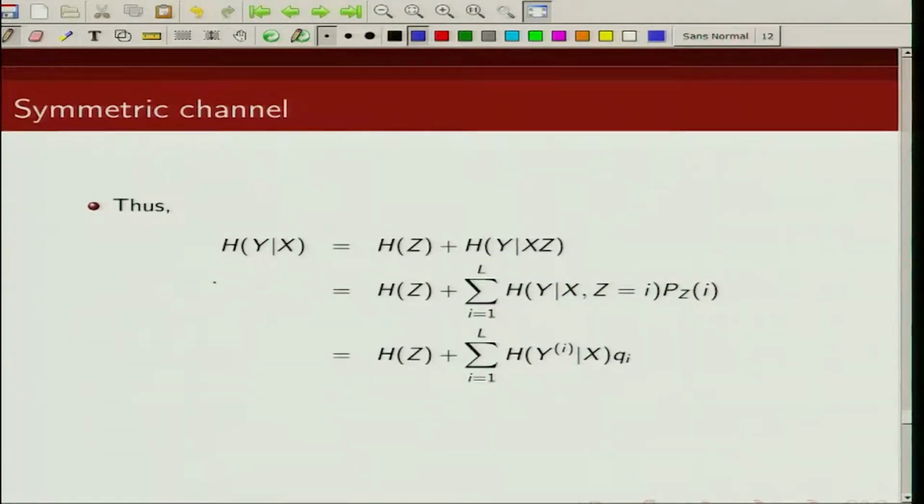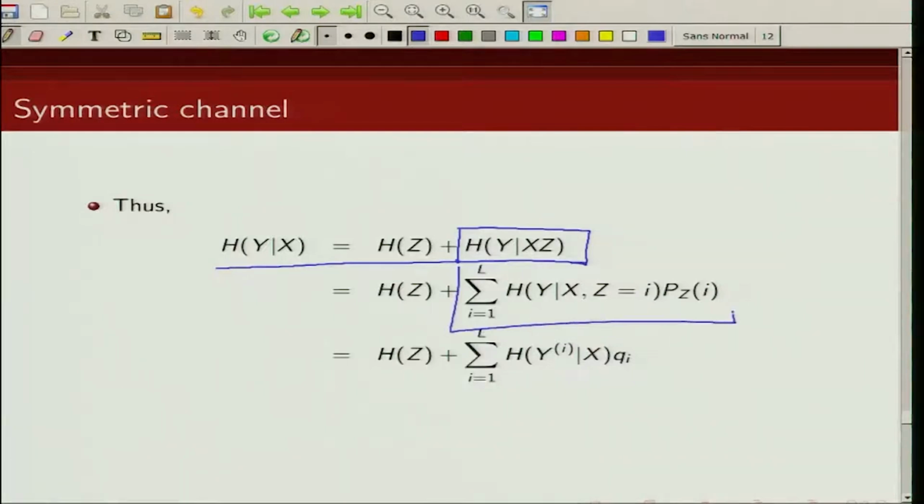So from the previous expression, then I can write h of y given x as h of z plus h of y given xz. Now I can expand this, so I can write this in this particular fashion. So this is uncertainty in y given x and given z is i multiplied by probability of z is i.